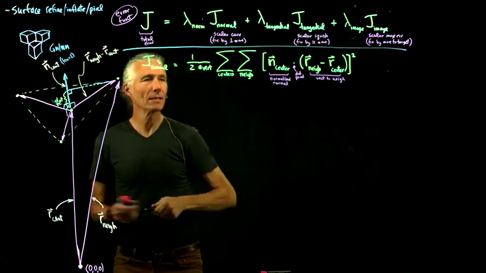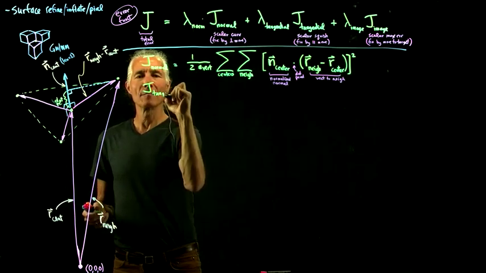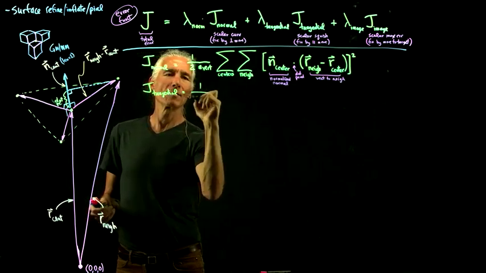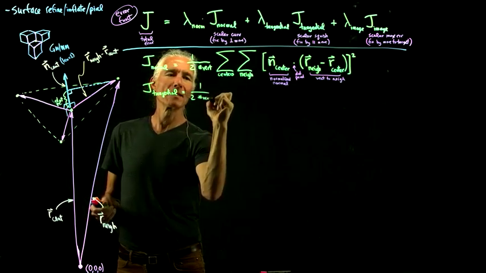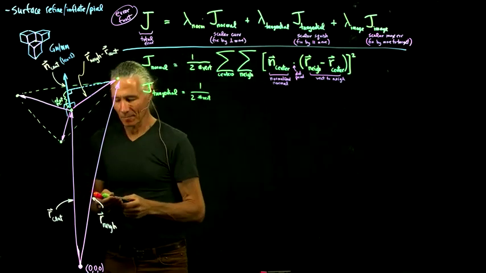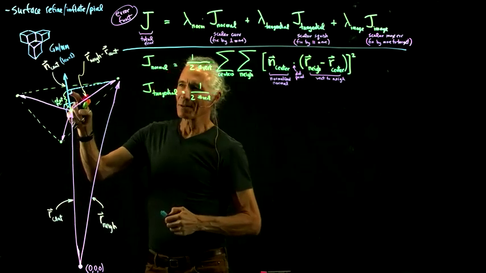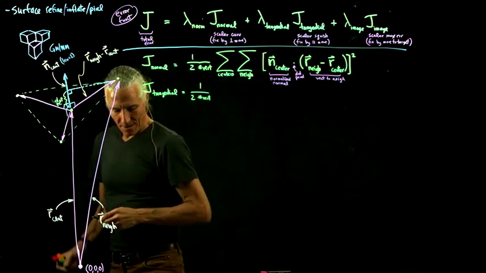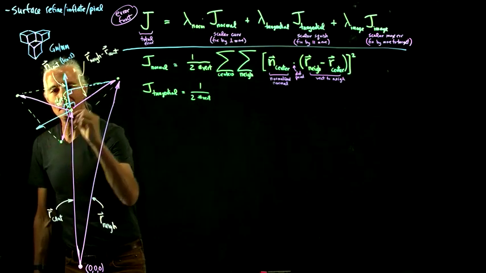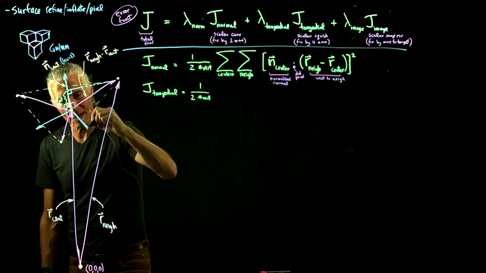So then the second thing is the tangential one. That's a little bit more complicated because the way it's written in the paper, it's 1 over 2 times the number of vertices again. But now we have something else, which is we need a coordinate system perpendicular to the normal. So you could imagine we've got a coordinate system. I'll just draw it like this. So these are sort of coming out at you.